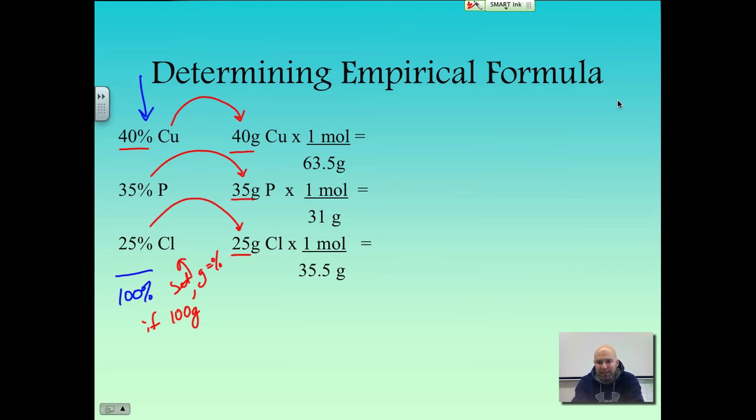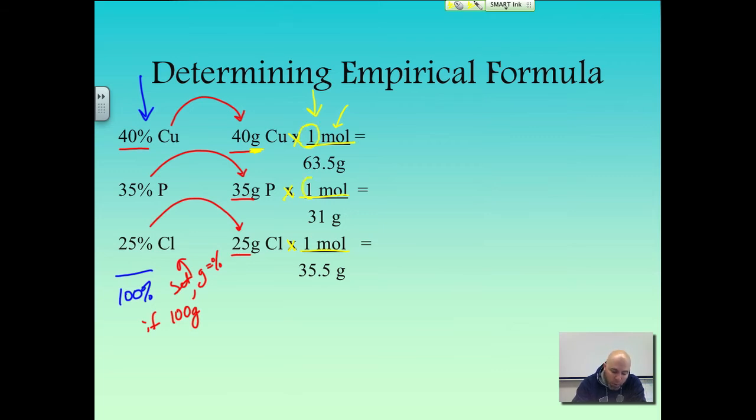Now your second step in determining an empirical formula is to convert all those grams to moles. So this step is converting all my grams to moles. As you can see, I've already done it, but basically I've gone my X line, X line, X line, and then I put grams in the denominator because that's what I'm given, and moles on the top because that's what I'm looking for.